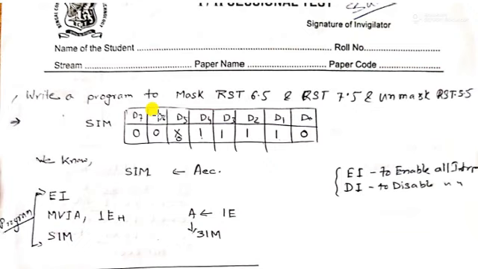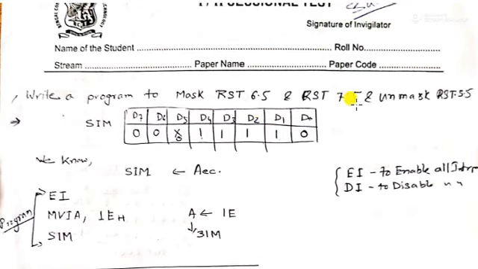In the question, we have to mask RST 6.5 and RST 7.5, so we have to understand which bits are for RST 6.5 and RST 7.5. The D1 bit is for RST 6.5. We have to mask it, so this position is 1.